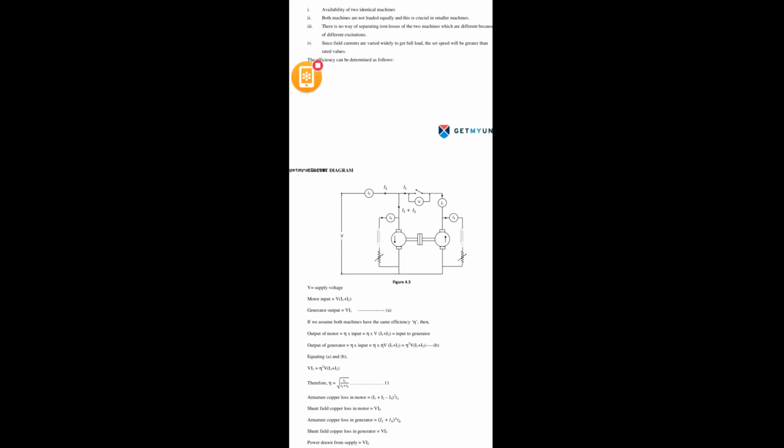Students, what is the efficiency formula? Output by input, sir. Right.